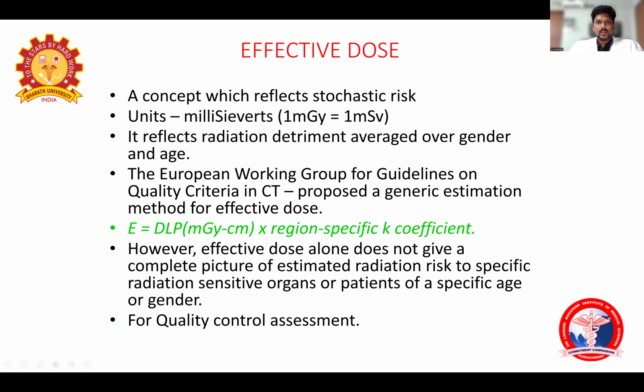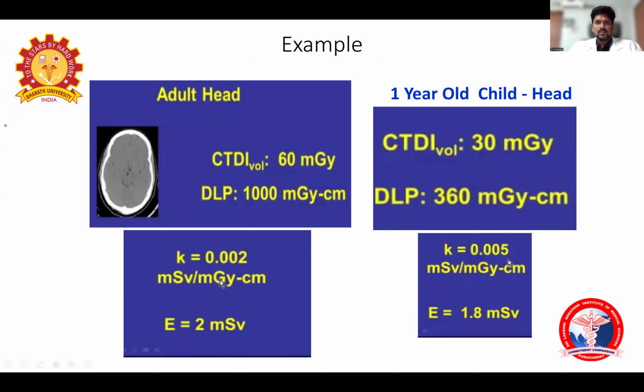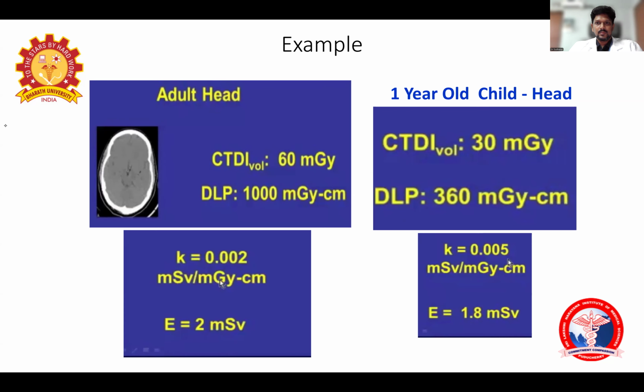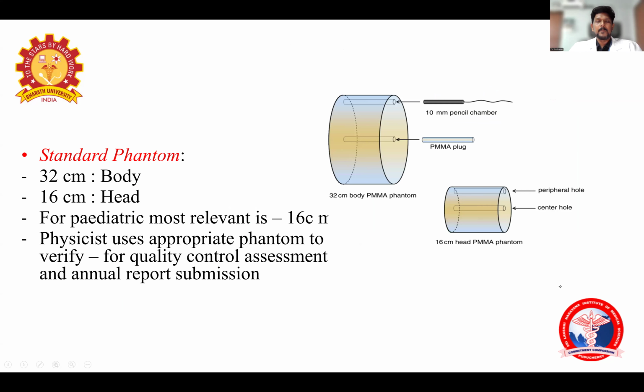So you could see the effective dose is equal to the DLP times the region-specific K coefficient. Since there is variation in the K coefficient, CTDI and DLP in a 1-year-old child, the effective dose is 1.8 millisievert compared to an adult CT head.